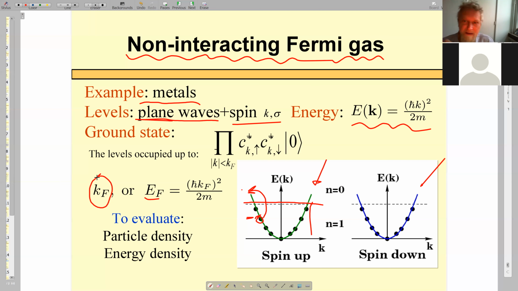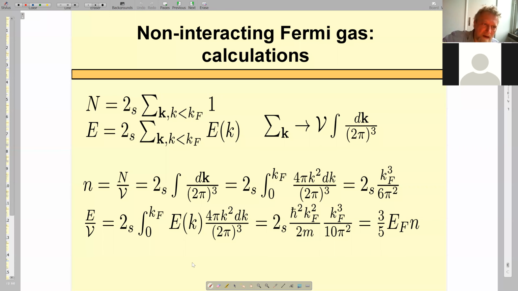Let us recall nice formulas about the non-interacting Fermi gas. Let me compute particle density and energy density. I'm going to use it for further calculations. So what I have to do: I assume that there is a certain k Fermi, immediately related to the Fermi energy.